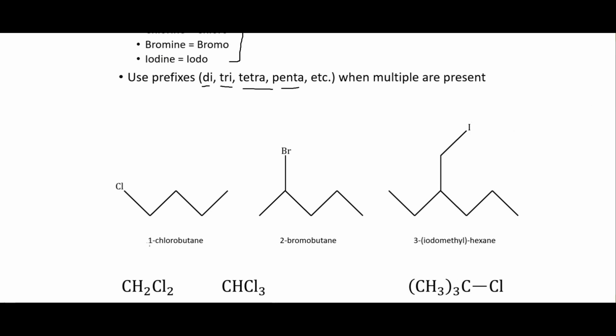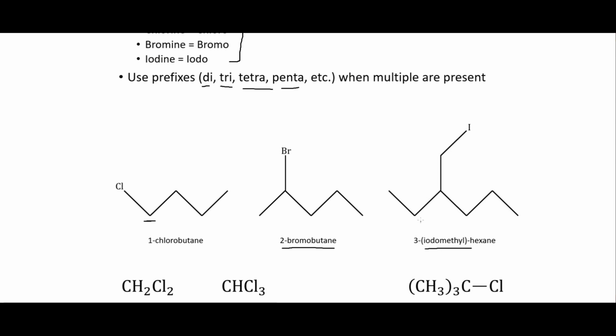On this one, this carbon right here has a chlorine bound, so it's 1-chlorobutane. It has four carbons, so butane. If it's on the second carbon, then here we'd have 2-bromobutane, for instance. Then right here we have this 3-(iodomethyl)hexane.